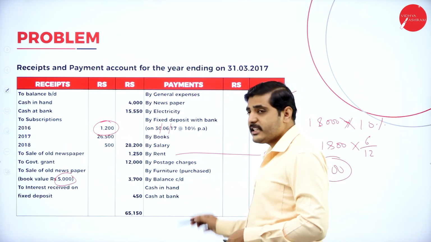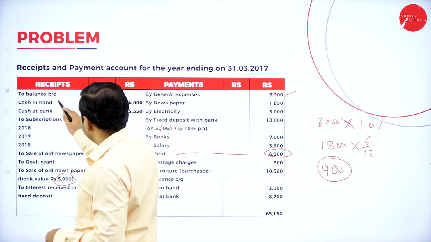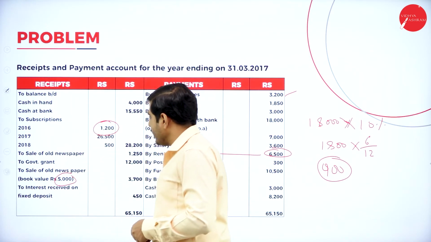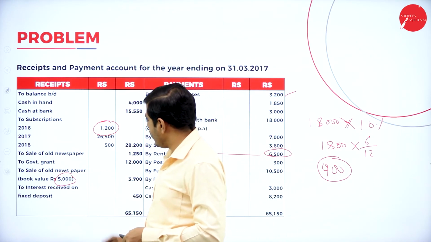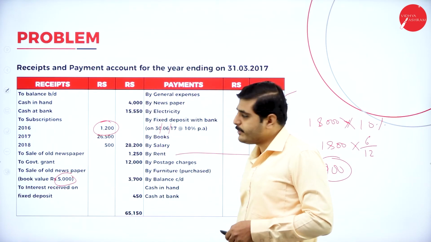Again, cash in hand, cash at bank, asset side of the balance sheet. Come to here. So opening balance, leave it, subscription, income and expenditure, sales of old newspaper, income and expenditure, government grants, income and expenditure, interest received, income and expenditure account.